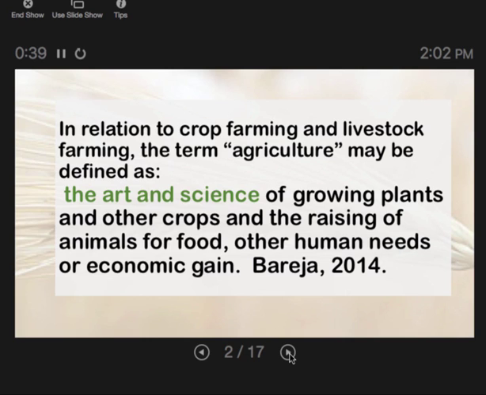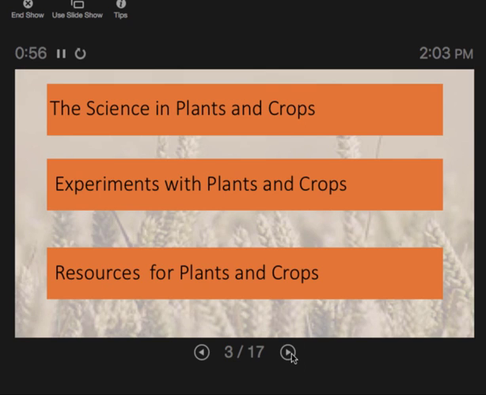So science keeps coming back in definitions, and the importance of students really understanding the science behind what's going on, as well as the technology. But without the science, you don't really know what you're doing with the technology. So we're going to look at the science of plants and crops. I've got heaps of experiments that you can do and some other resources as well.